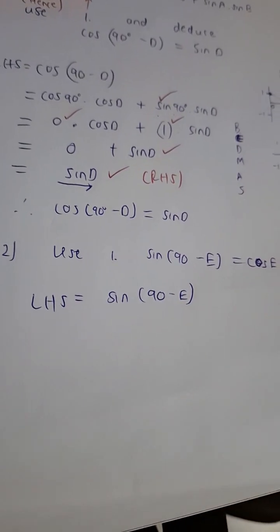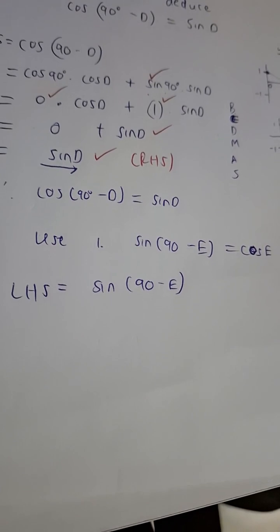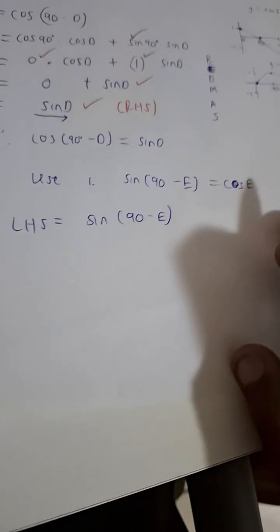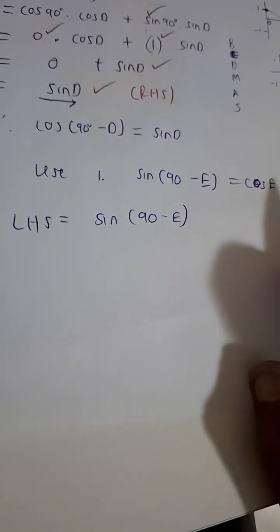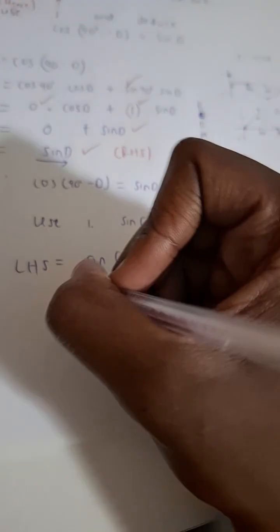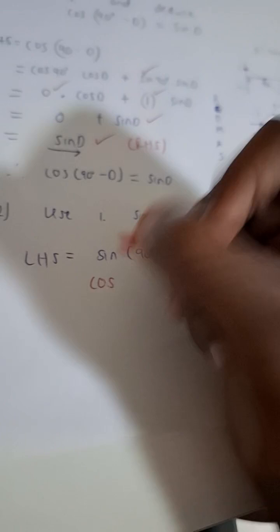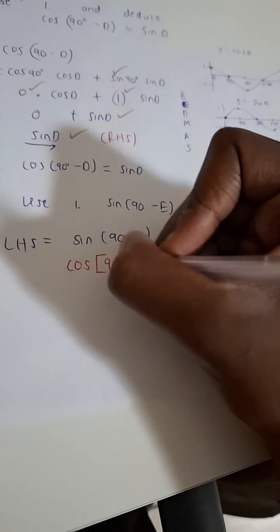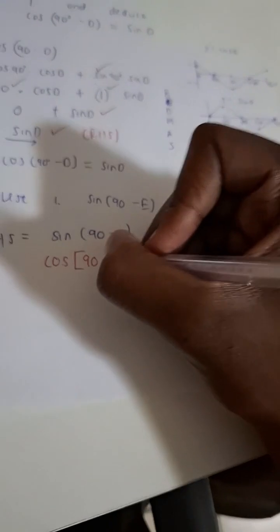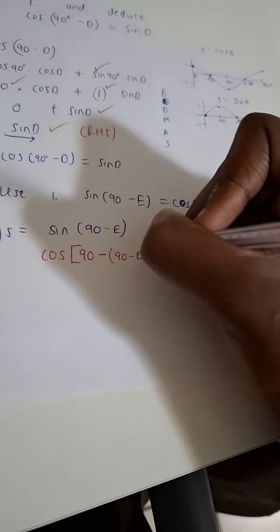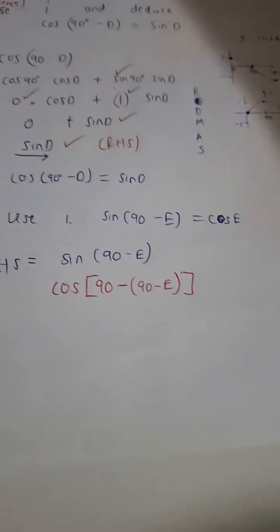So this is where I say to you, we can do it in the following way. I just want you to listen to this very closely. So what if we said cos of 90 minus 90 minus e? Please take a look at this, guys.